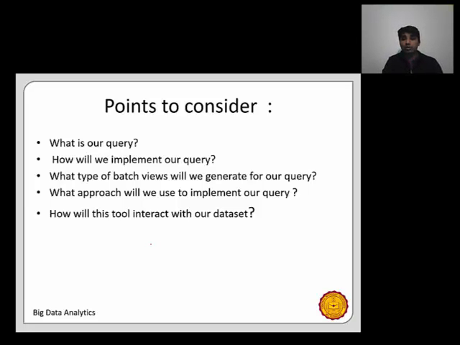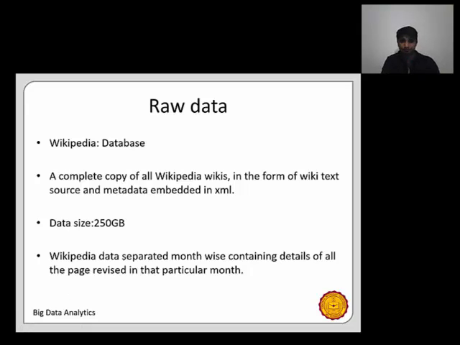There are many approaches to implement queries, like map reduce, Hive and Pig. I'll come to this later, and how this tool will interact with our dataset. So these are the points I'm going to consider in my part.